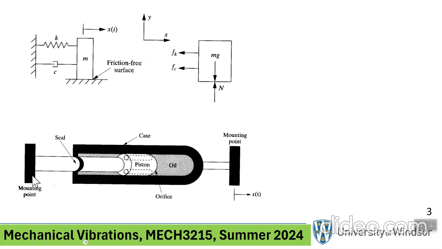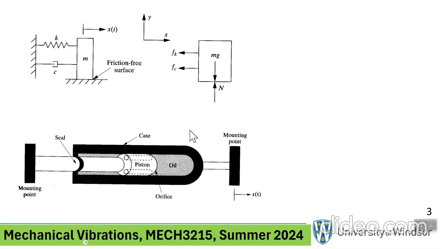As you hold the left-hand side and try to move the handle on the right side, the fluid from one side has to go through these holes to the other side, and you know that there is always viscosity in a fluid, and therefore that creates a friction force that obstructs the motion of the piston inside.